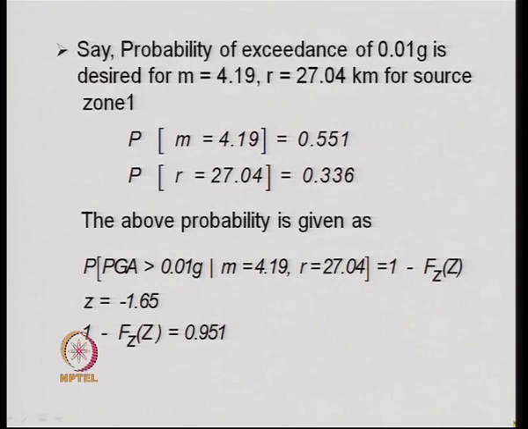So, we see that the calculation follows like this. First, we find out the probability of occurrence of a certain magnitude of earthquake from the equation that is given for source 1.